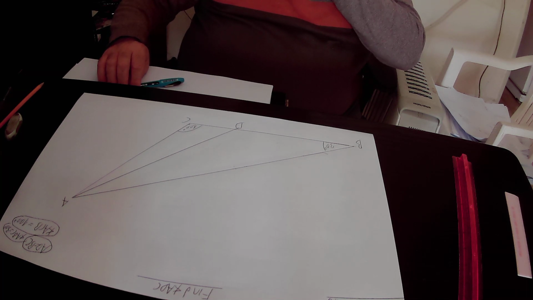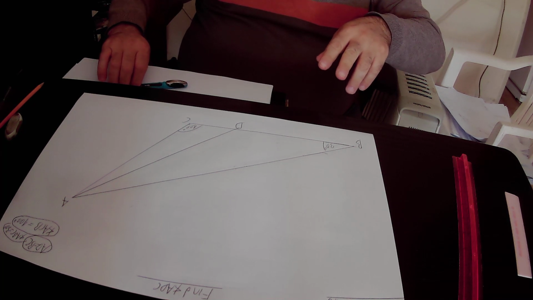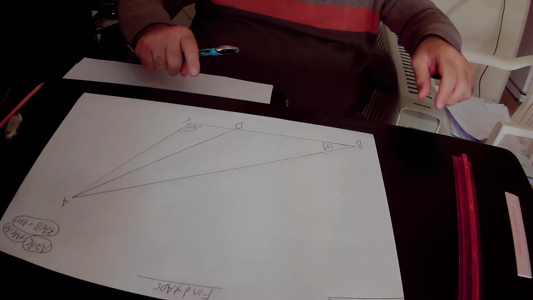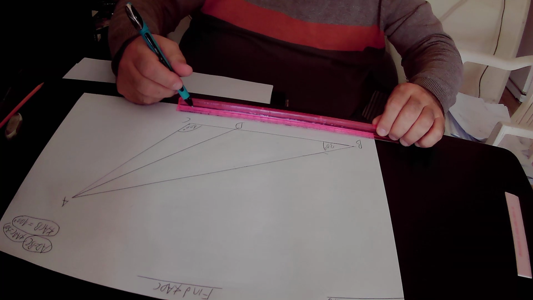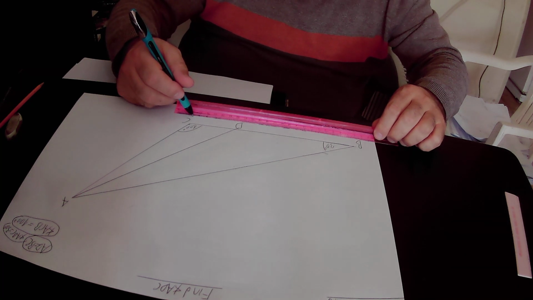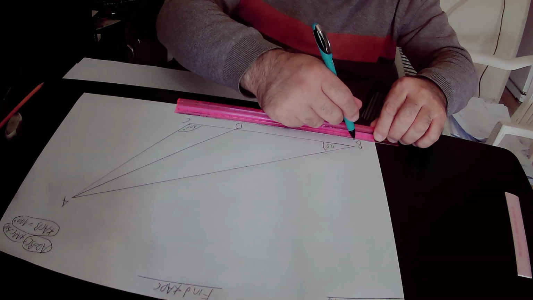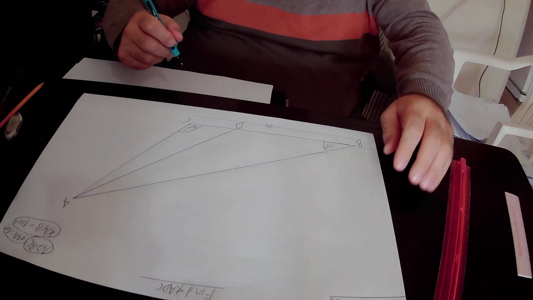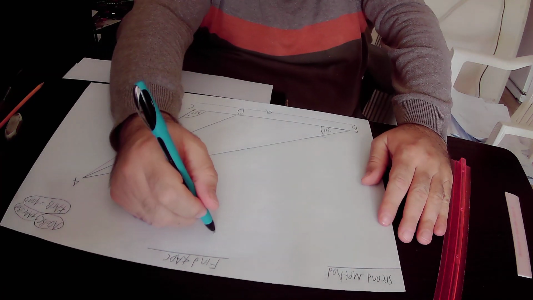In the second method, we will define side BC of triangle ABC as A, that is to say BC equals A units in length, and according to what is given in the question, AD equals BC.